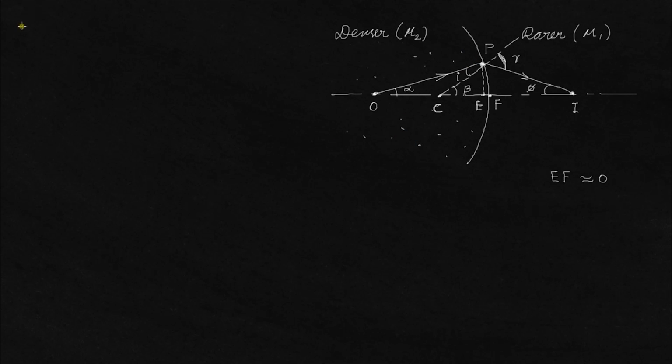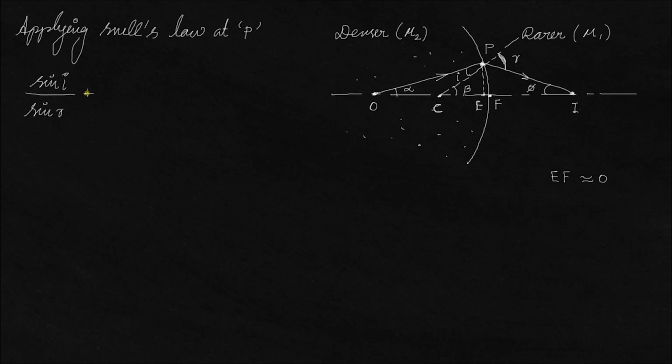Now applying Snell's law at P, we have sine of angle of incidence by sine of angle of refraction is always a constant. That is Snell's law. That constant is the refractive index.